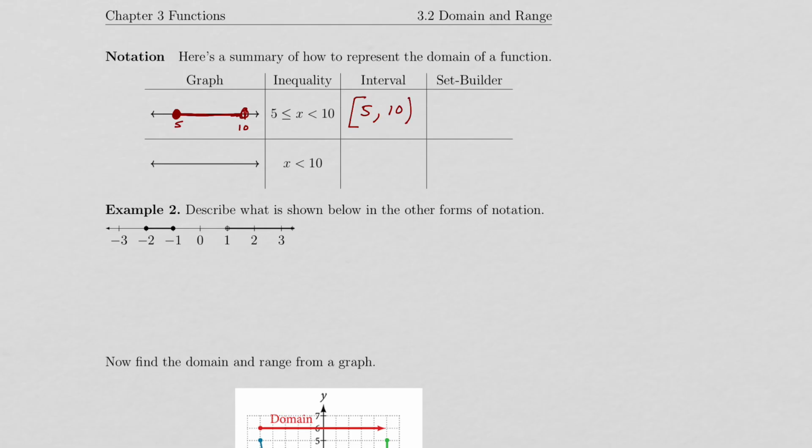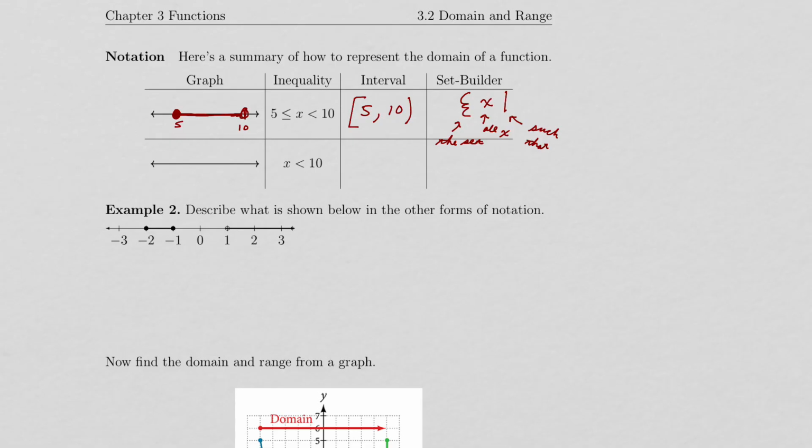And then set builder notation is like this. We say the set. So if I do the curly brackets, this represents the set. And then the x means all x. The vertical line means such that.